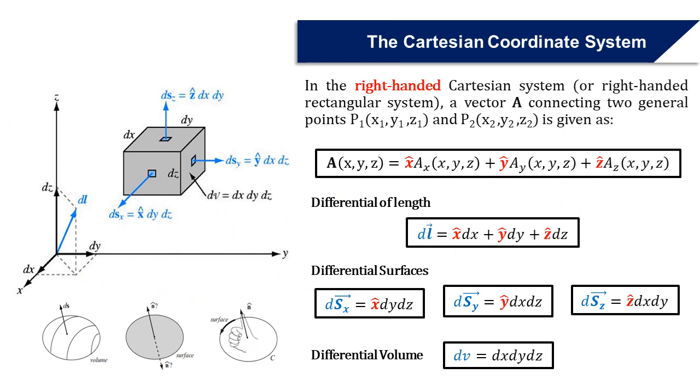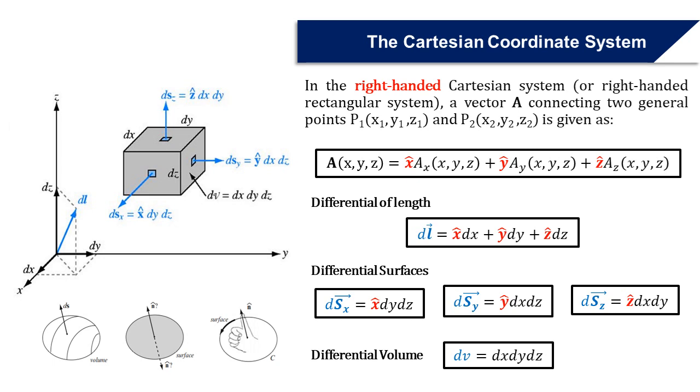So let's start by describing ano ba yung Cartesian coordinate system. In the right-handed Cartesian system or the right-handed rectangular system, meron tayong vector A connecting two general points, point 1 and point 2.